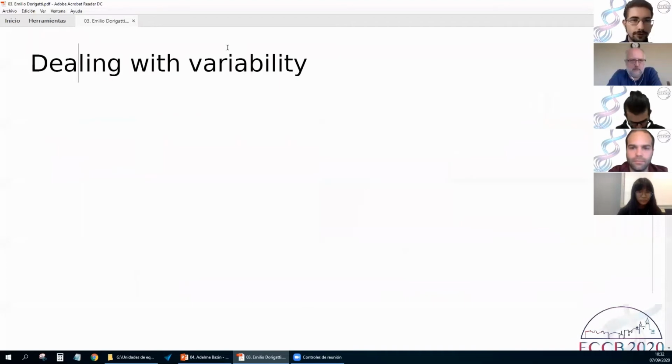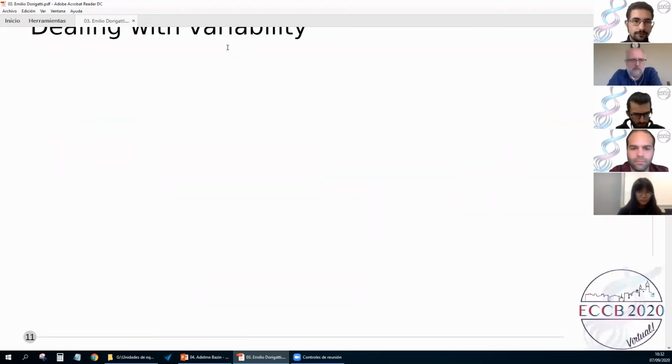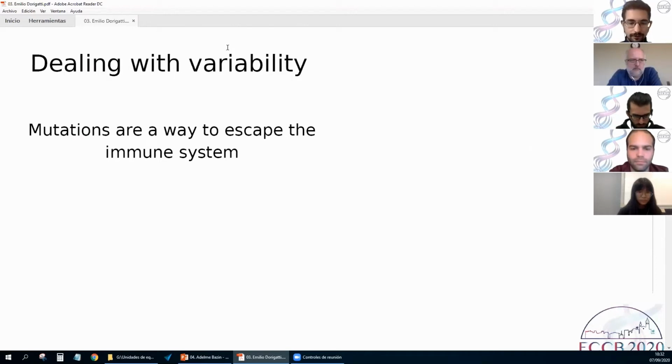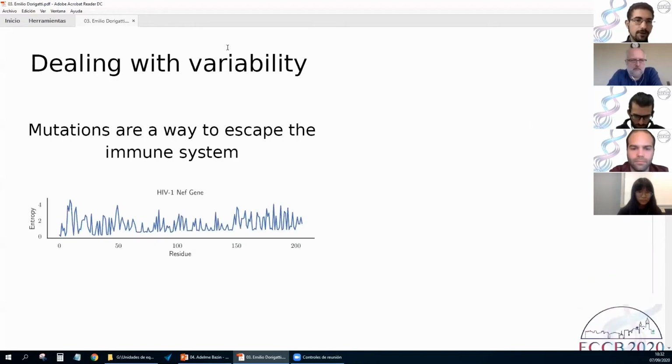Before going into the details, I would like to talk a bit about variability. So mutations are in general one of the most important ways that pathogens use to escape the immune system. However, not every part of the pathogen can mutate. So what you see here is a portion of the HIV genome, and for every position, we calculated the entropy, which indicates how frequently this position mutates.